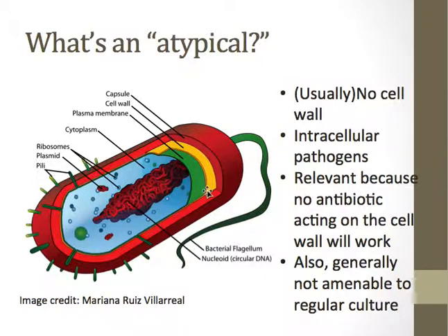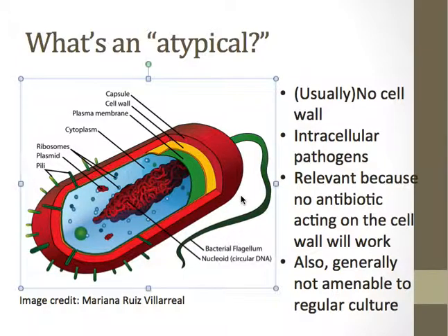If the organism lacks a cell wall, it's an intracellular pathogen because it doesn't have the wall to protect it in the extracellular environment. This is really relevant clinically because many antibiotics, including all the penicillins, act on the cell wall. If your bacterial cell has no cell wall, the penicillins aren't going to work. Also, because they're intracellular pathogens, they're generally not amenable to regular culture on an agar plate.